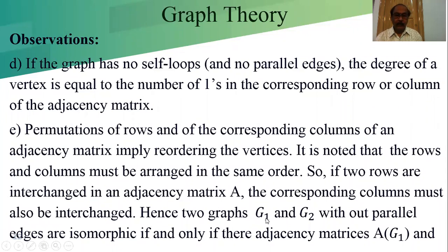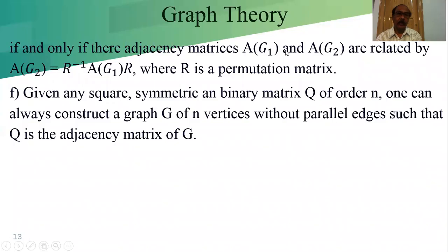Hence, two graphs G1 and G2 without parallel edges are isomorphic if and only if their adjacency matrices AG1 and AG2 are related by AG2 equals R inverse AG1 R, where R is a permutation matrix.